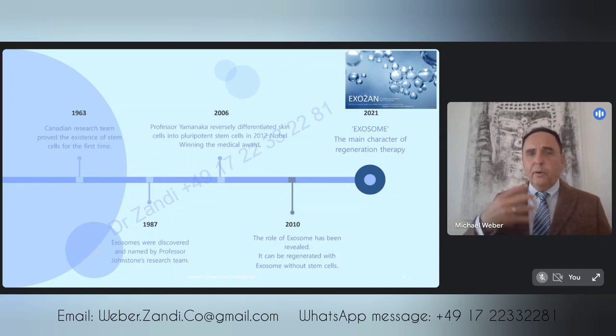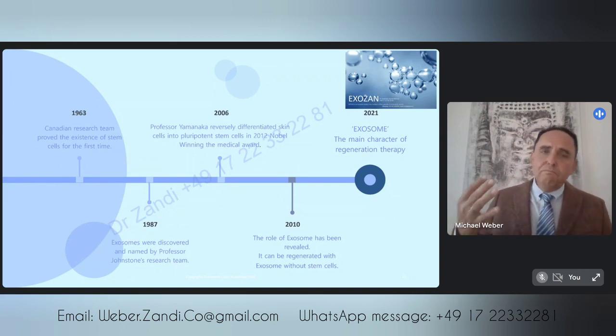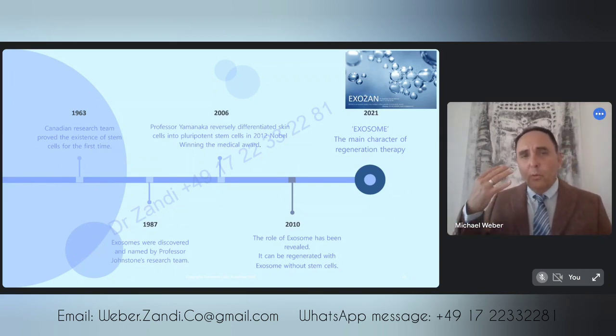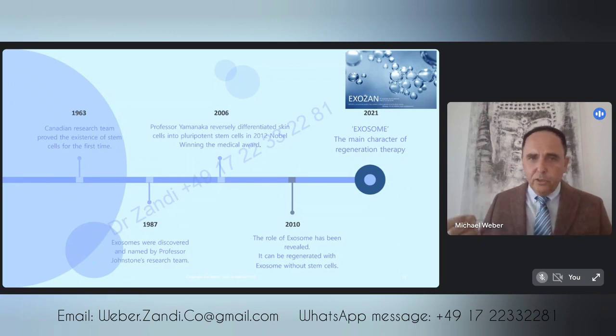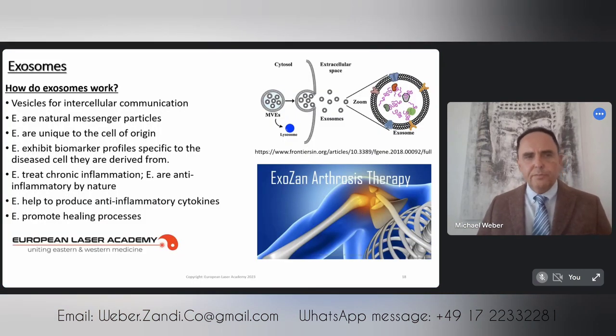And now we are at the edge to, in many situations, even replace the stem cells by the exosomes. And as I will show in the upcoming slide, the potential of the exosomes is much higher than the potential of the stem cells in many situations.